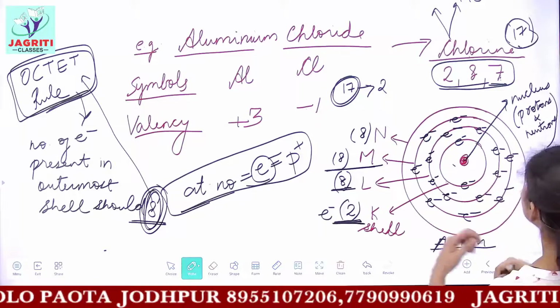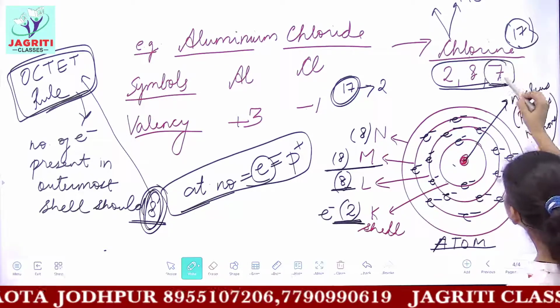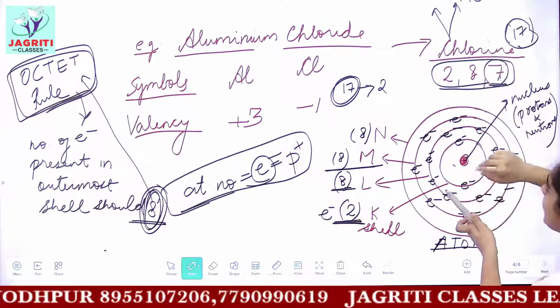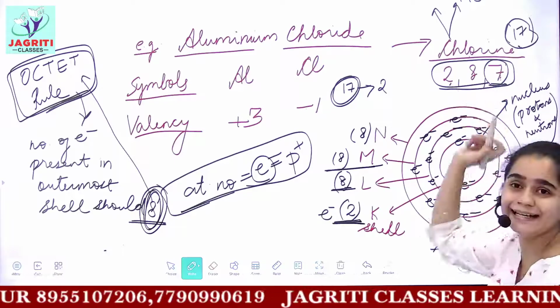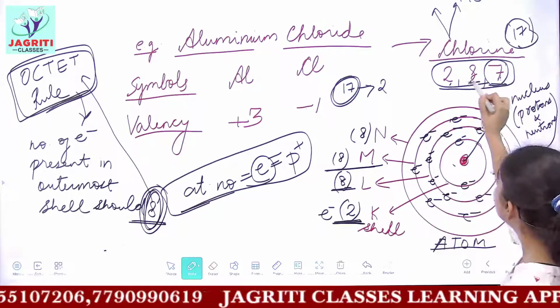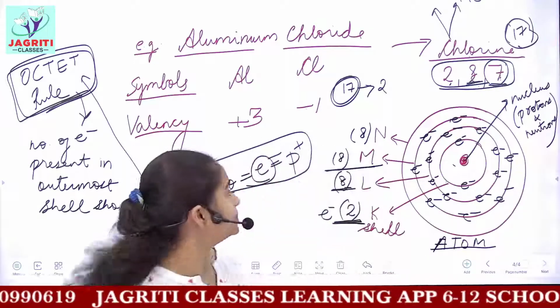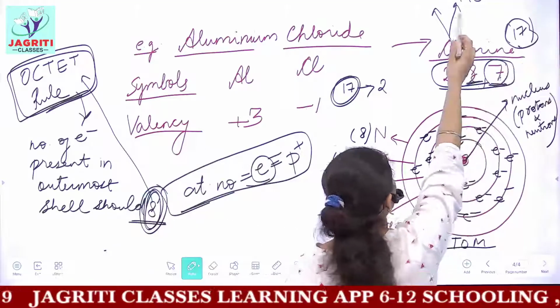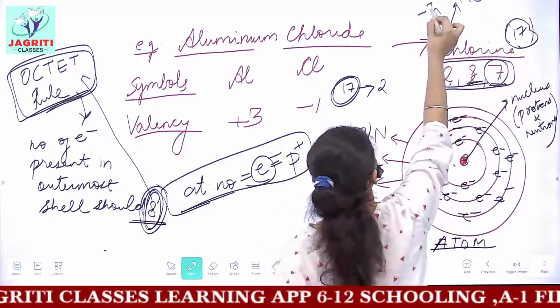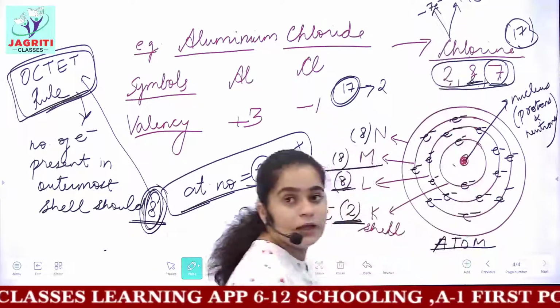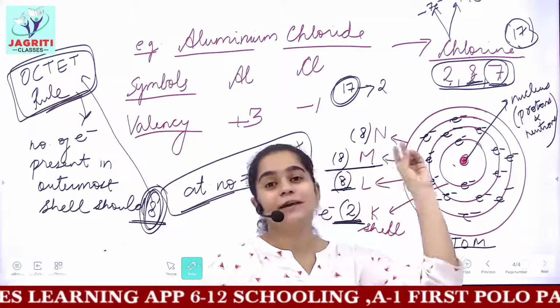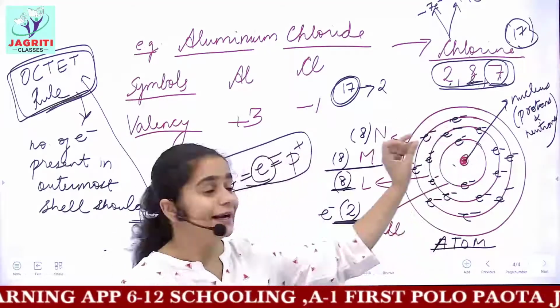The next possible way is, if I remove all these 7 electrons, then what would I have? The configuration would be 2 and 8, and the outermost shell would have 8 electrons, and according to the octet rule it would be stable. So either I can add 1 electron or I can remove these 7 electrons. Both possibilities are available for this chlorine atom to attain stability.